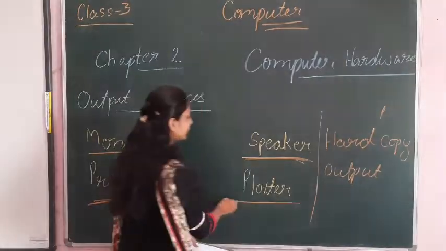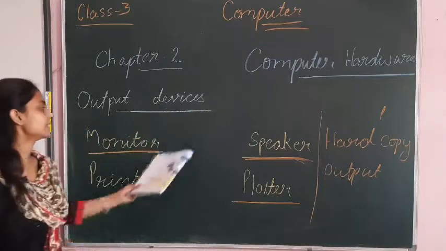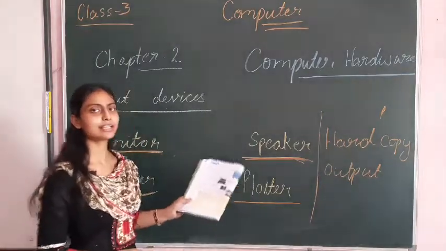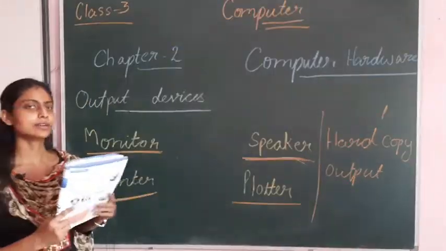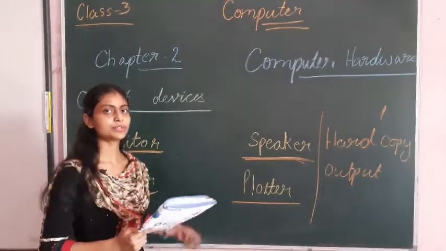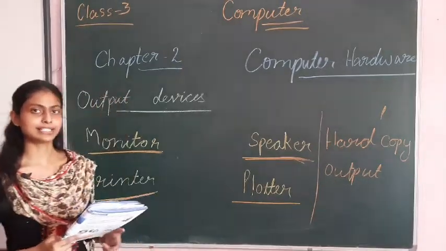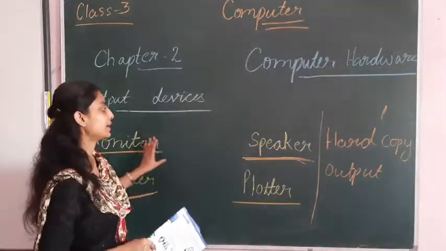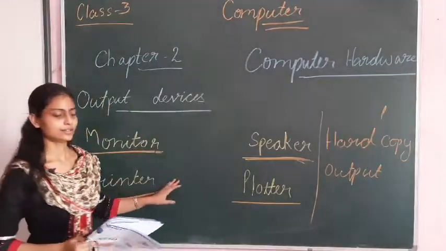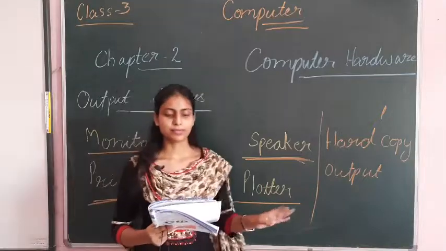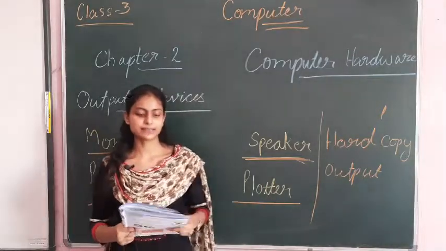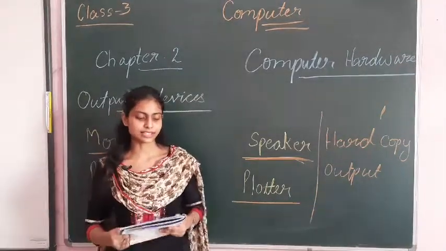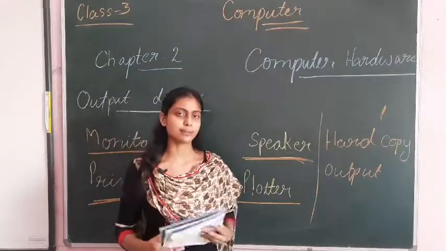Now all these things, this monitor, printer, speaker, plotter, are giving you the result from the computer. So these are all your output devices, and these are also computer hardware, because you can touch and feel all of these. So okay class, it was about your output devices, and in our next classes we will go through your next topic, okay.